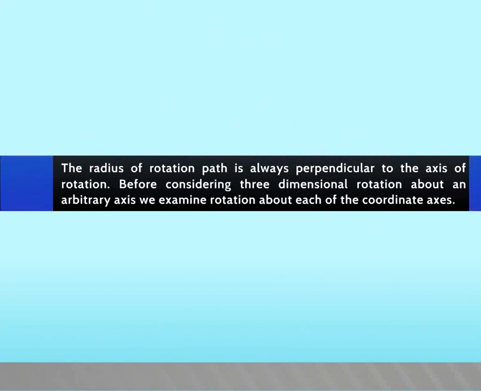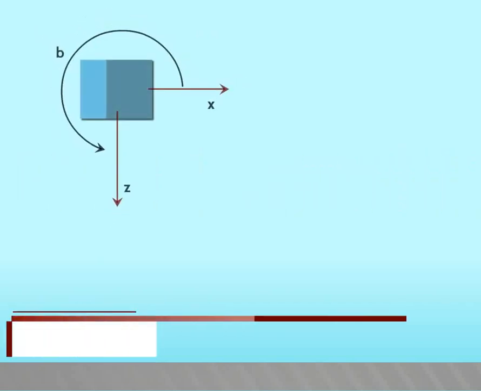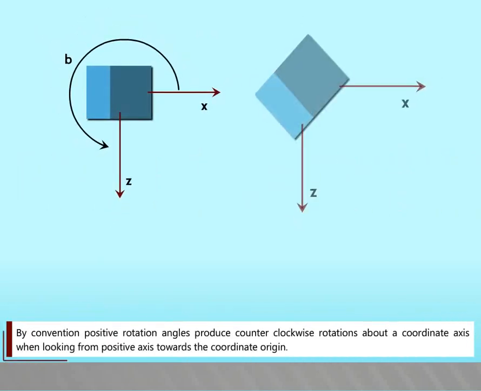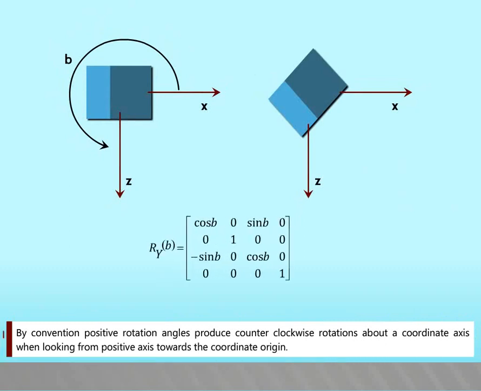The radius of rotation path is always perpendicular to the axis of rotation. Before considering three-dimensional rotation about an arbitrary axis, we examine rotation about each of the coordinate axes. By convention, positive rotation angles produce counterclockwise rotations about a coordinate axis when looking from the positive axis towards the coordinate origin.